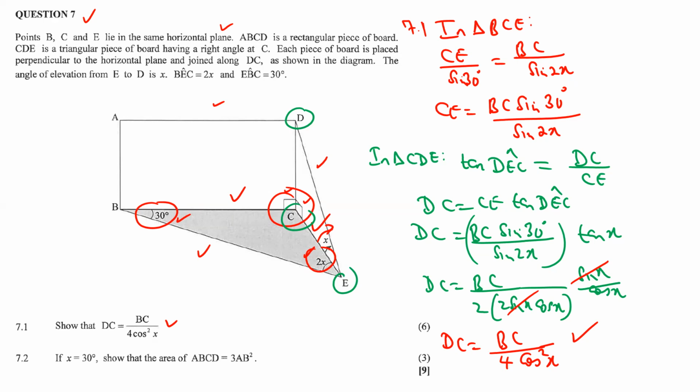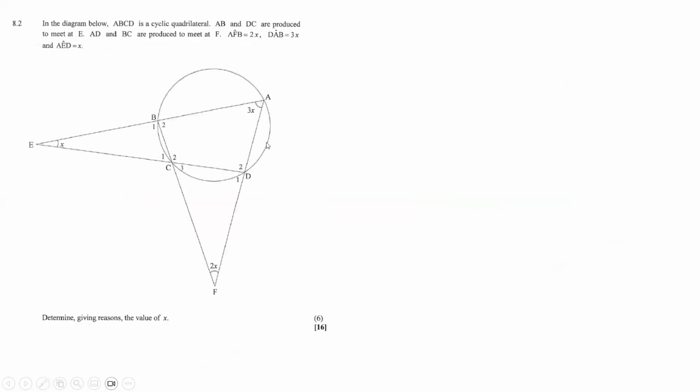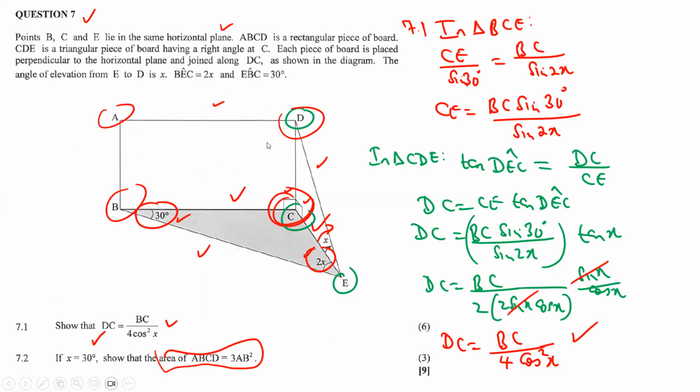If x now in 7.2 is 30 degrees, show that the area of ABCD is 3AB squared.